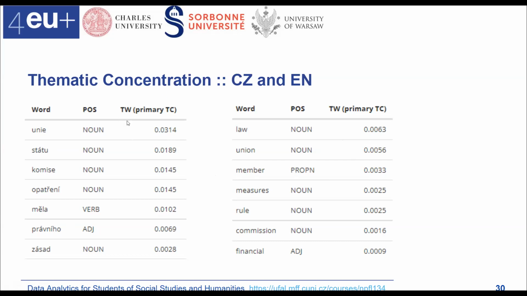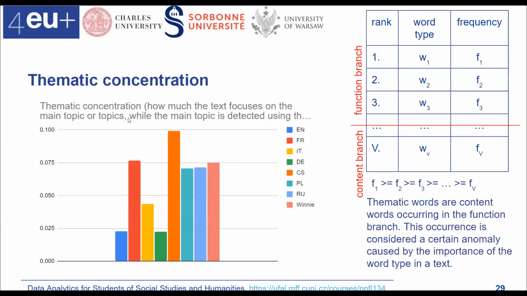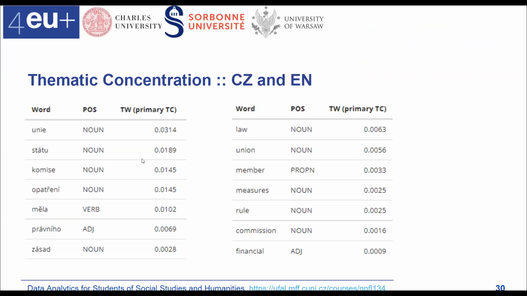The formula computing this value includes the frequency of the word type and its rank in the list.